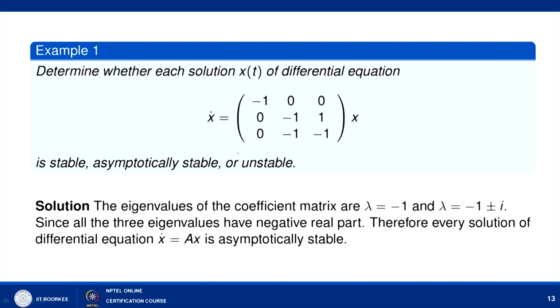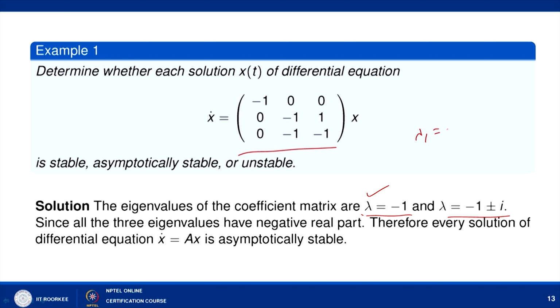Here the coefficient matrix A is given by this. We first calculate the eigenvalues of the coefficient matrix, and they come out to be lambda equal to minus 1 and lambda equal to minus 1 plus or minus i. I am leaving to you how to find the eigenvalues of the coefficient matrix.